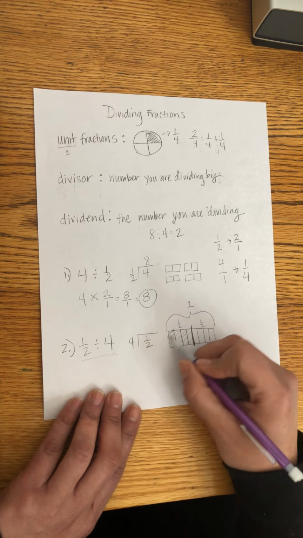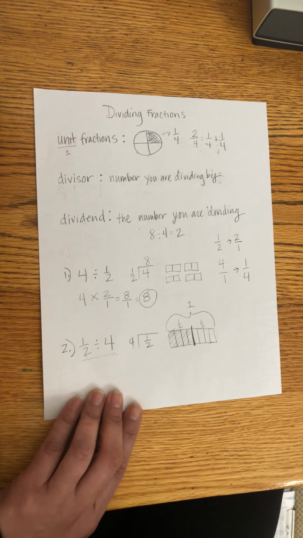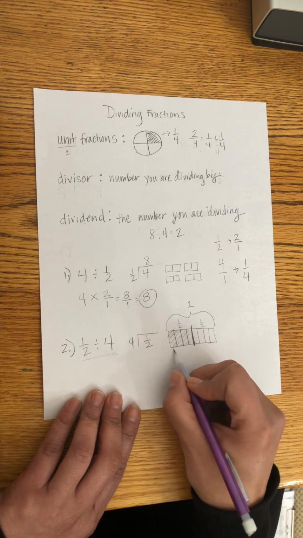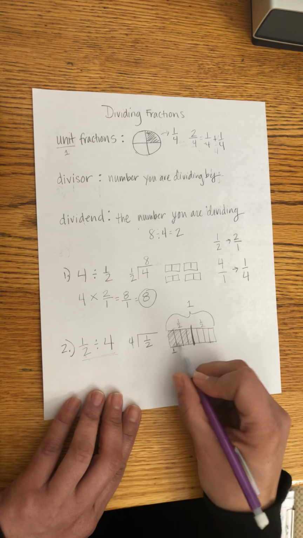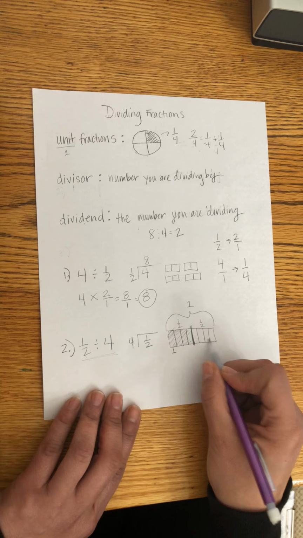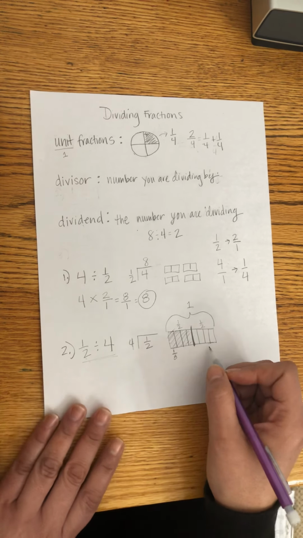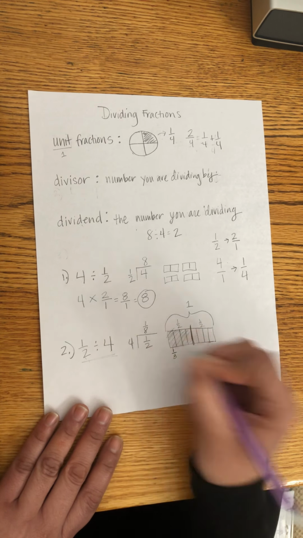This is the 1/2 that I have, and I'm splitting it amongst 4 people. So how much is this right here? This is 1 out of, what would the whole be? 1, 2, 3, 4, 5, 6, 7, 8. So this is 1/8. So 1/2 divided by 4 equals 1/8.